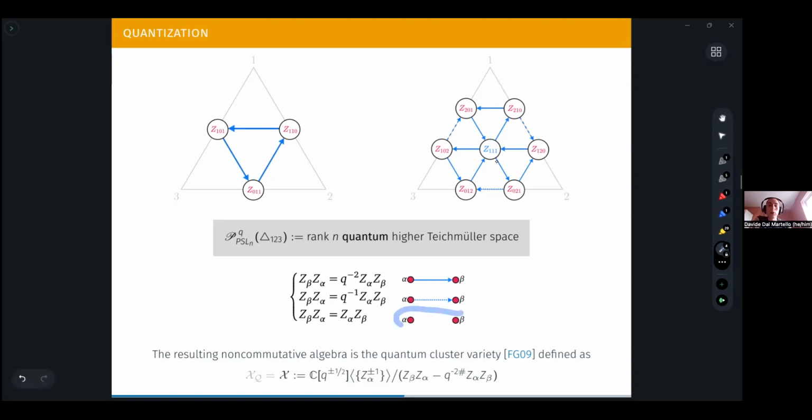They commute only if in the quiver the corresponding vertices have no direct arrow between them. Otherwise, you get some q-commutations, exactly in the spirit of a higher dimensional quantum torus, with the weights corresponding to the intensity of the arrow. If the arrow is dashed, you get a 1. If the arrow is thick, you get a 2. If you had a double arrow, you would get a 4, and something like that.